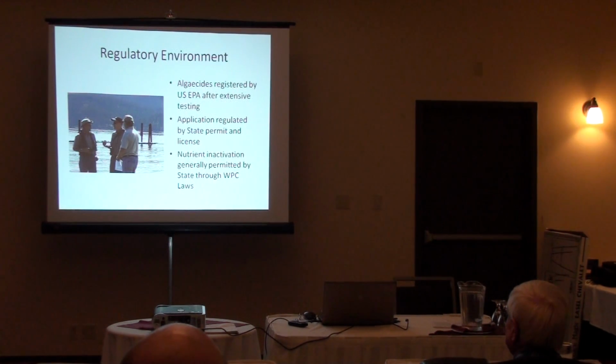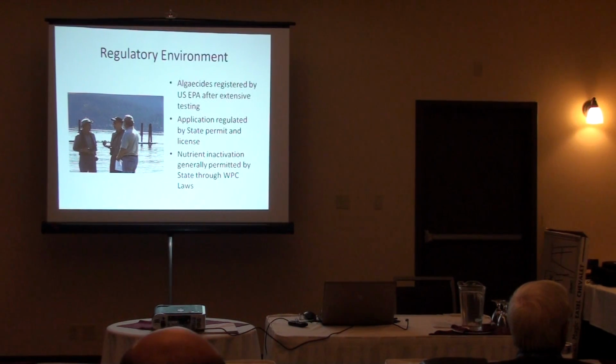Nutrient inactivation, on the other hand, is not generally considered to be a pesticide. So a lot of the oversight that some of these other things have to go through to get registered applies to what is considered a pesticide. The definition of pesticide, in the states anyway, is anything that you put into an environment to target a pest. For example, Algaecides, which is a food-grade dye, makes a claim on its label: if you put this in a lake, it prevents the growth of aquatic weeds and algae.